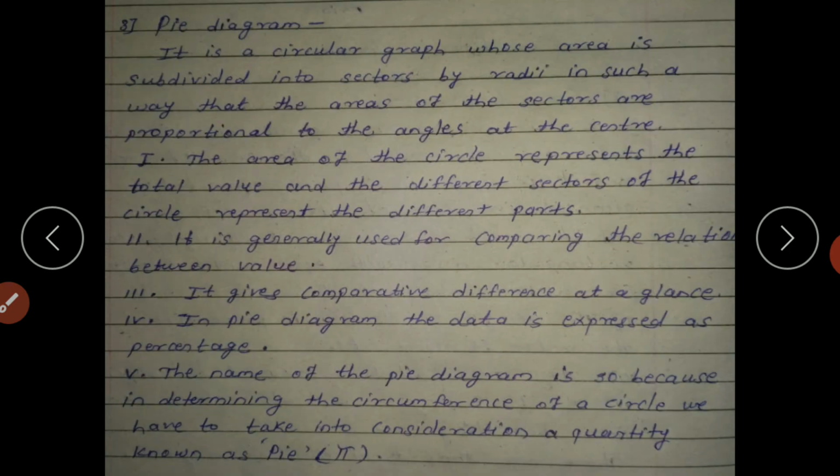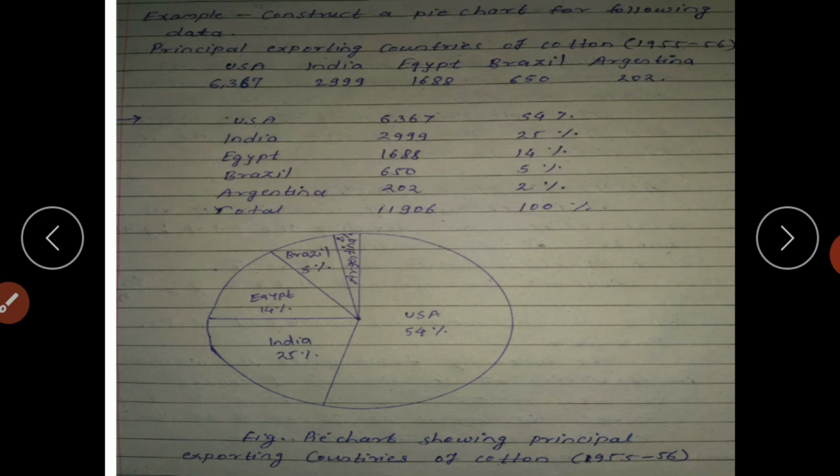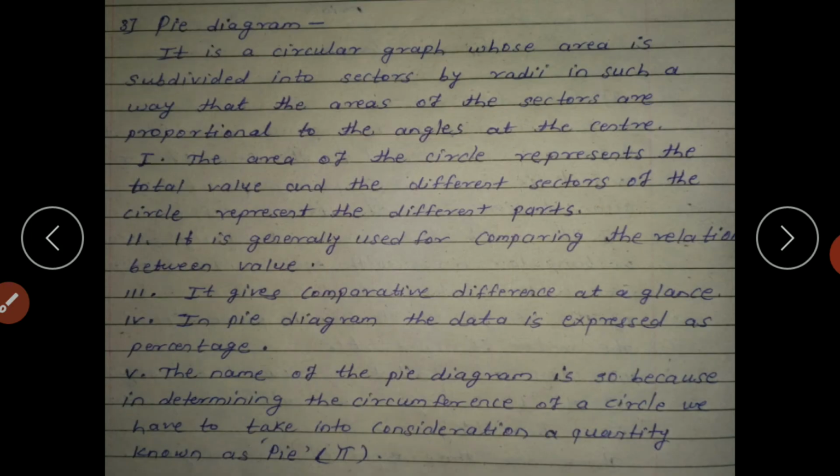So now let's have a look at the third type of diagrammatic representation, that is the pie diagram. In the pie diagram we use a circle to represent our information. Let's say it is a circular graph whose area is subdivided into sectors by radii in such a way that the areas of the sectors are proportional to the angles at the center.